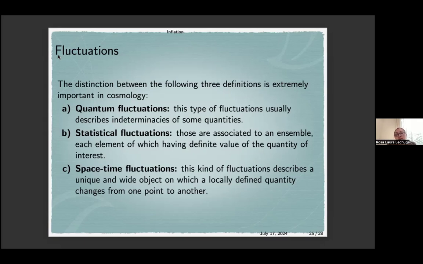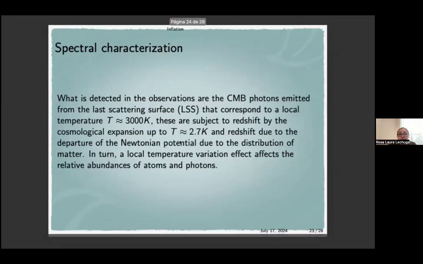And then also you can think in terms of the full space-time. If you try to get a quantity in the full space-time and then compare it at another point, you obtain the space-time fluctuations.